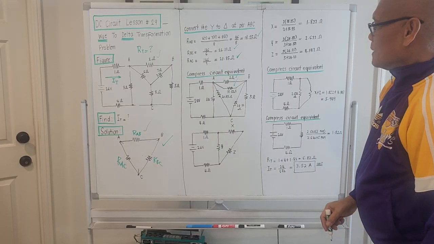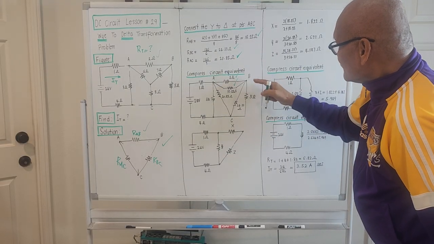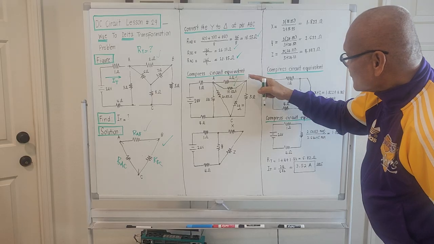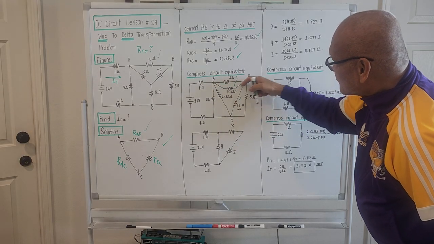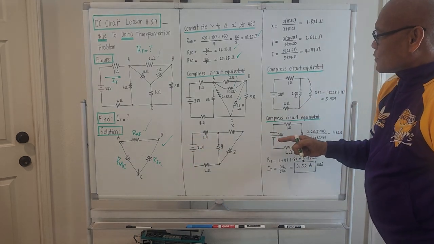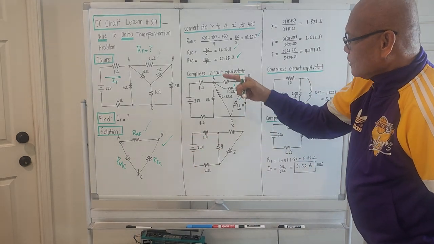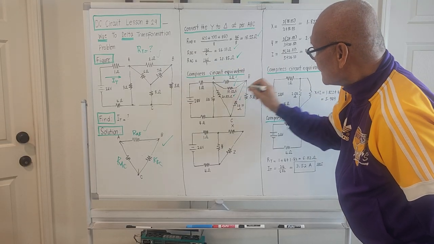For R sub BC, we computed 24.33. So considering points B and C, this is 24.33. This is actually the delta equivalent, the one we computed. And considering points A and C, the computed resistance is 20.85, so this is 20.85.